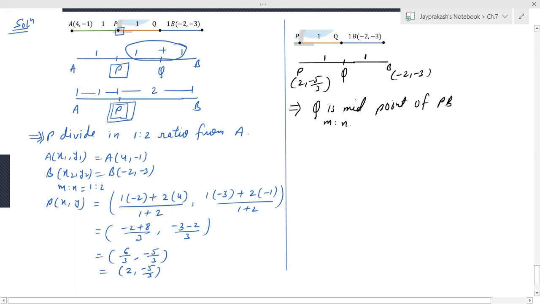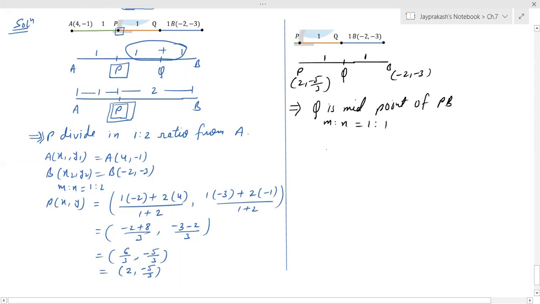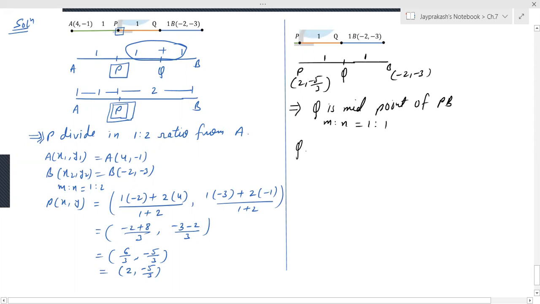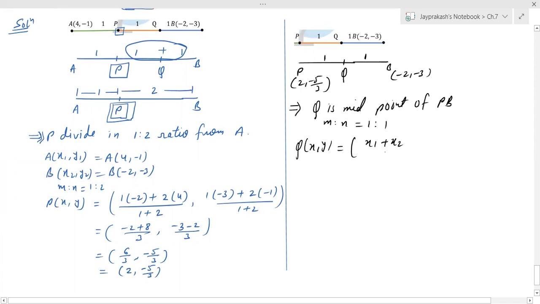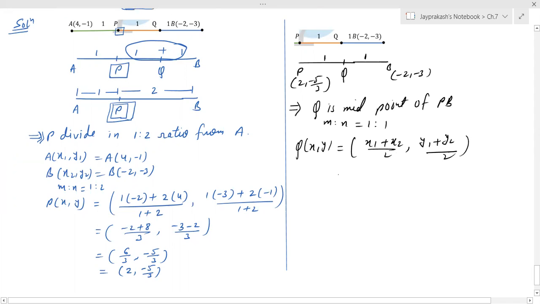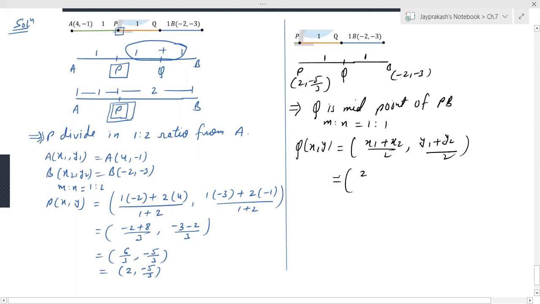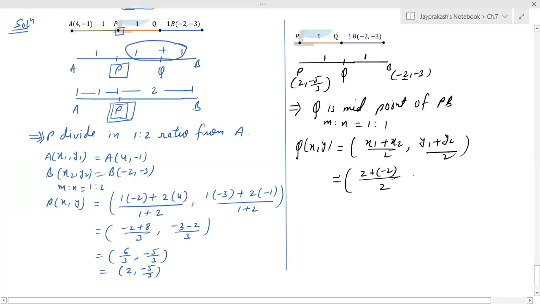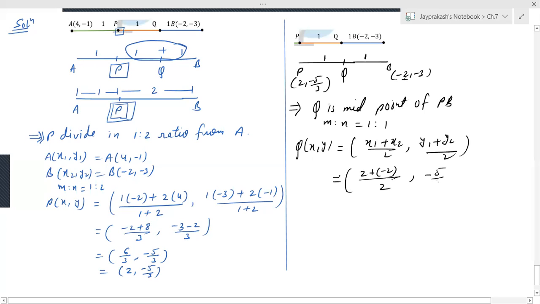Therefore m is to n is equal to 1 is to 1. So when we write the midpoint, you can write the direct formula as x1 plus x2 by 2 comma y1 plus y2 by 2. So x1 is the coordinate of P, 2 plus minus 2, B as x2, by 2. And this one is minus 5 by 3 plus minus 3 upon 2.